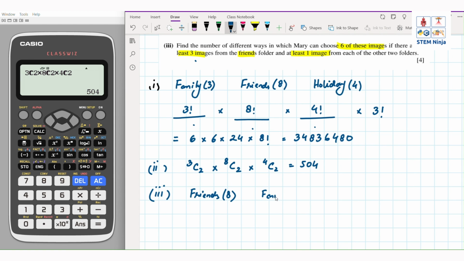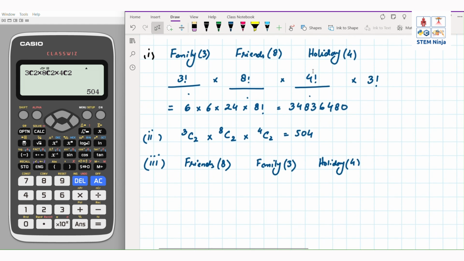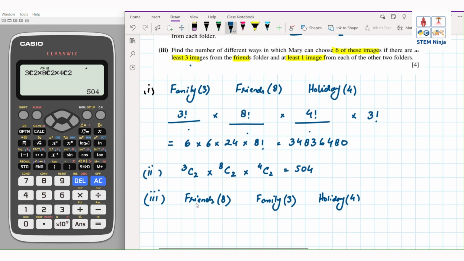Family and holiday are 1 or more each. So family are 3 total, and holiday, 4. Okay, now we can make the combinations. So 3 or more.